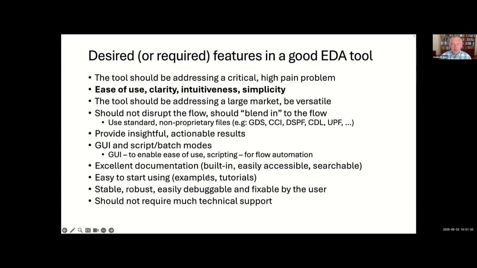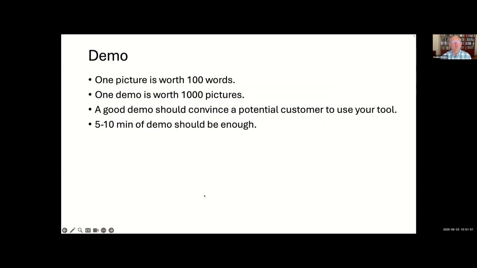It should have excellent documentation that is built-in, easily accessible, searchable, and providing cross-links between the tool and examples and tutorials that should also accompany the tool. Of course, it should be stable, robust, easily debuggable, and fixable by the user, and should not require much technical support.